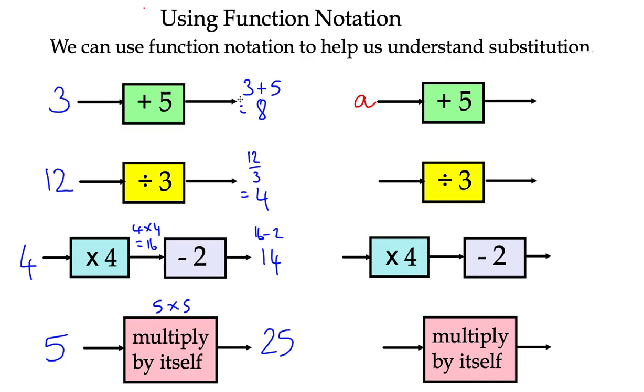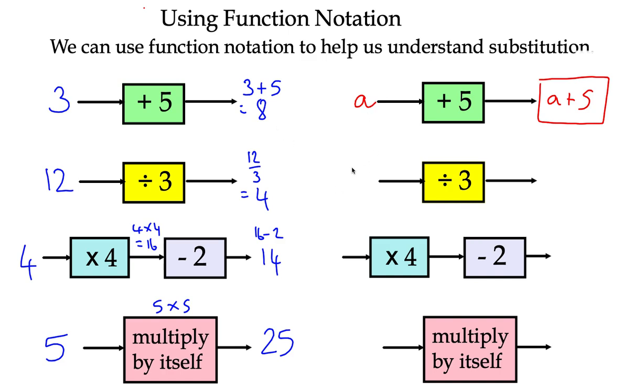Now we don't have a numerical value for A, so we can't just say A plus 5 equals some number value. All we can do is say A add 5, we can write down as A plus 5. So when you see algebraic expressions like this, A plus 5, just remember that it's the idea of saying we take a number and we add 5 to it.